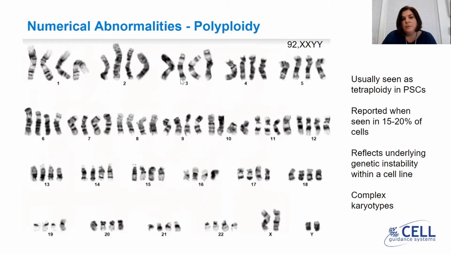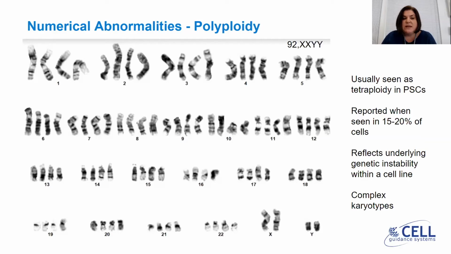So starting with numerical abnormalities, it's quite obvious that there are too many chromosomes here. This is an example of polyploidy, which is 92,XXYY. So this is basically a doubling up of the normal chromosome complement of a male cell. And actually all the chromosomes here, although there are too many of them, are structurally normal. There are no structural rearrangements.